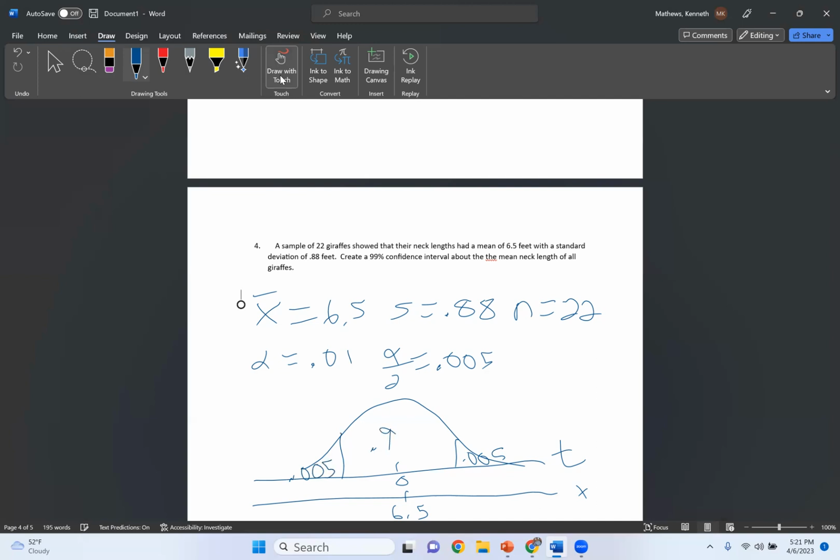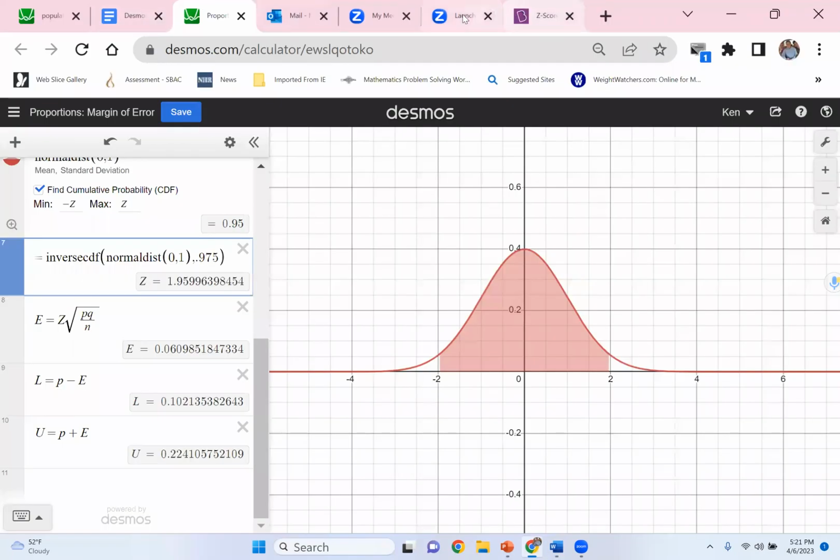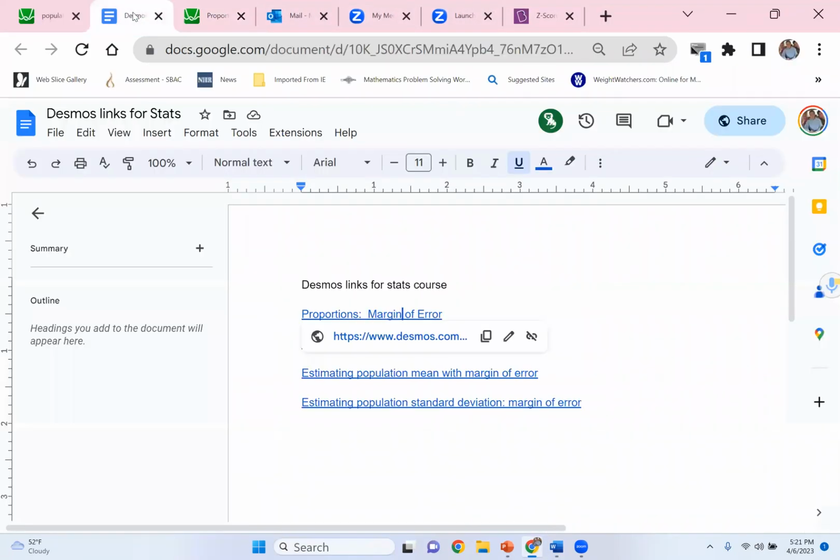This is going to be 0.99. Okay, so we need to find the critical values for our partitions, and then we need to find the lower limits and the upper limits. So let's go to our document here, and we're doing estimating the population mean.